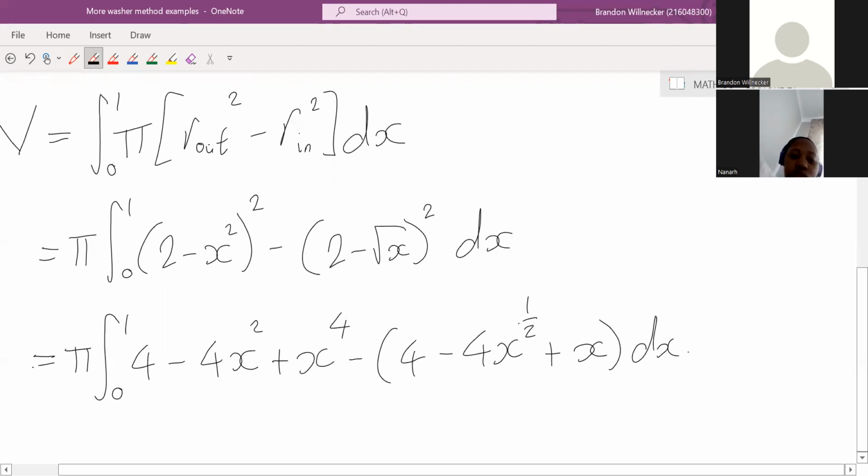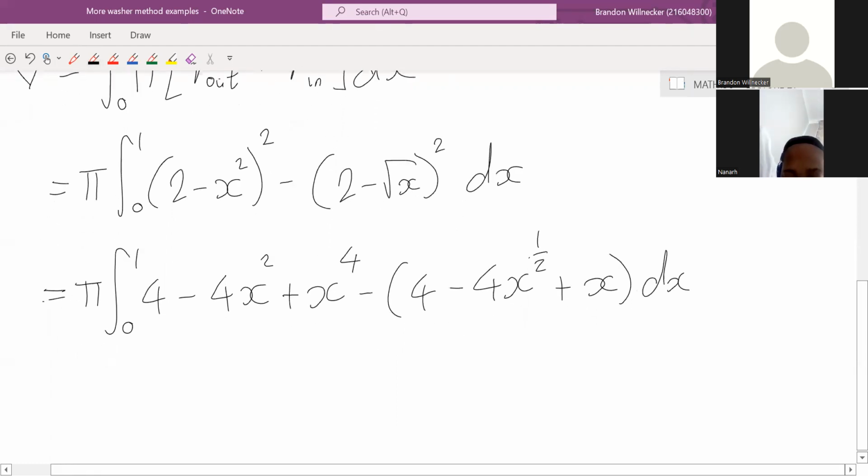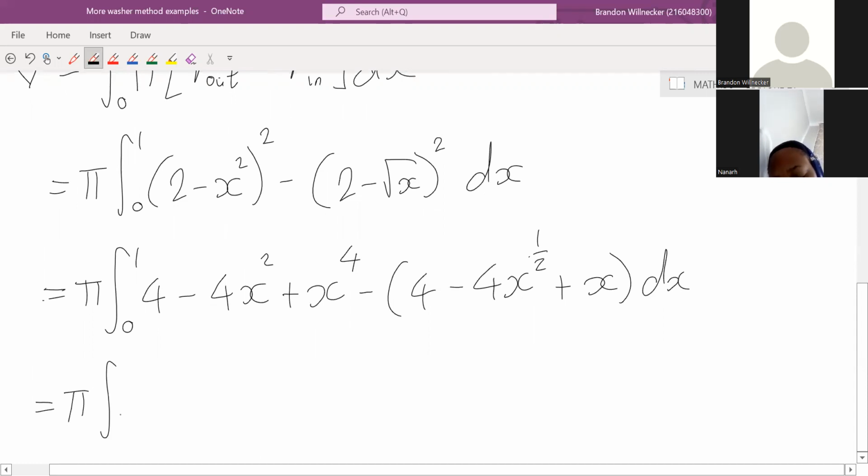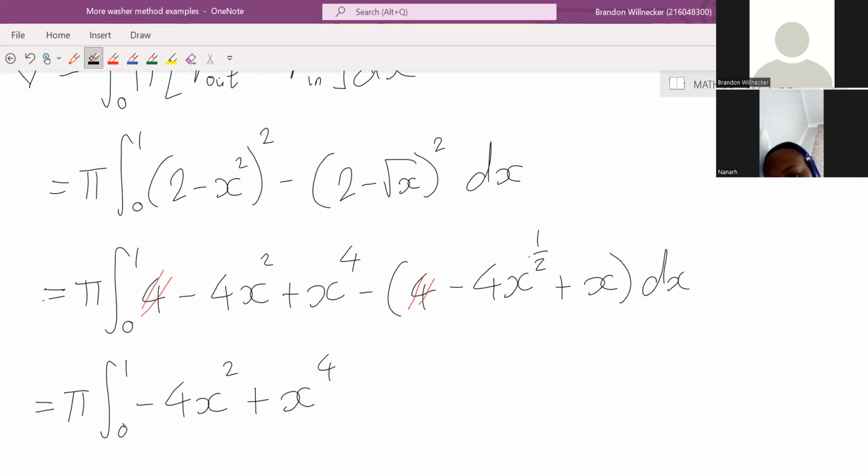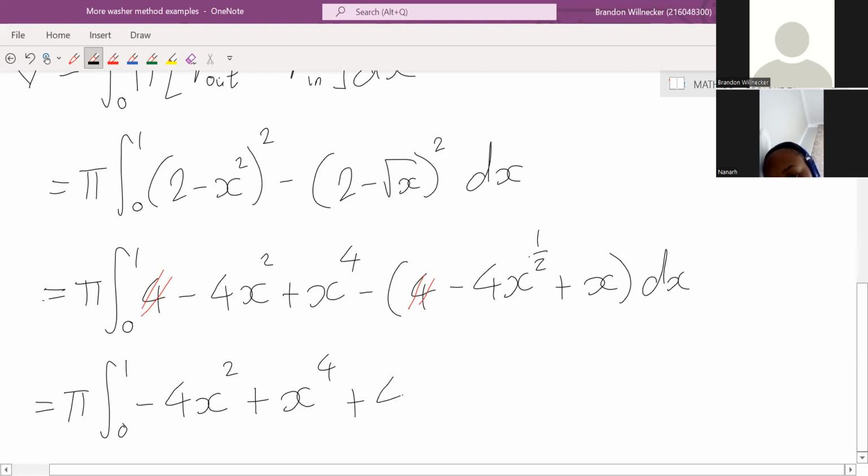I've just expanded the two binomials we've got there. Let's collect like terms and then integrate. We're going to have minus 4x squared plus x to the 4. Then the plus 4 and the minus 4 cancel, so we don't have to worry about those. Then we have plus 4x to the half, and then minus x.